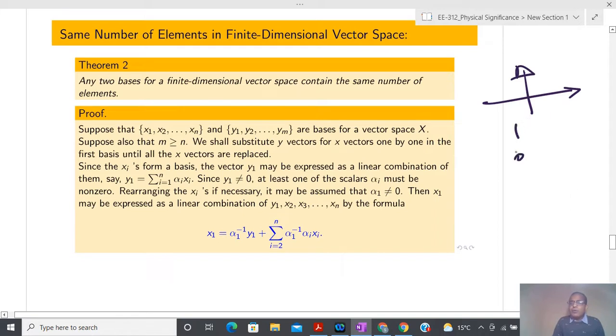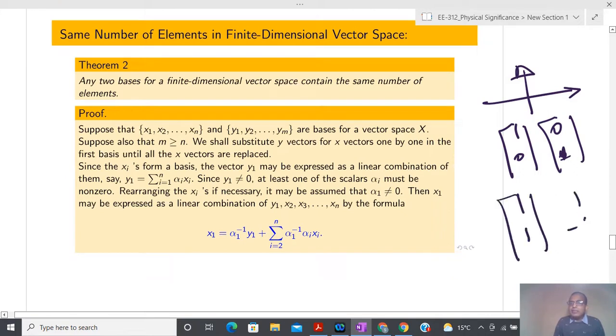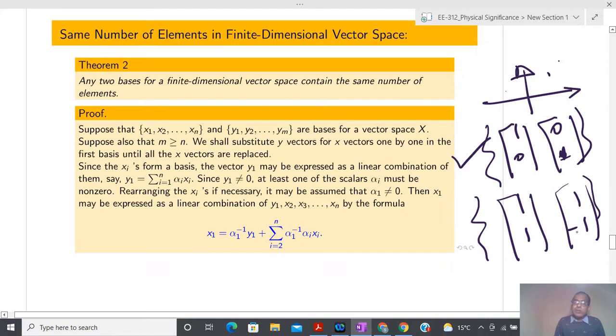Using these two linearly independent vectors, I am able to generate any point inside this space. This qualifies as a basis because 1 0 and 0 1 are linearly independent. This also qualifies as a basis because 1 1 and 1 minus 1 are also linearly independent.